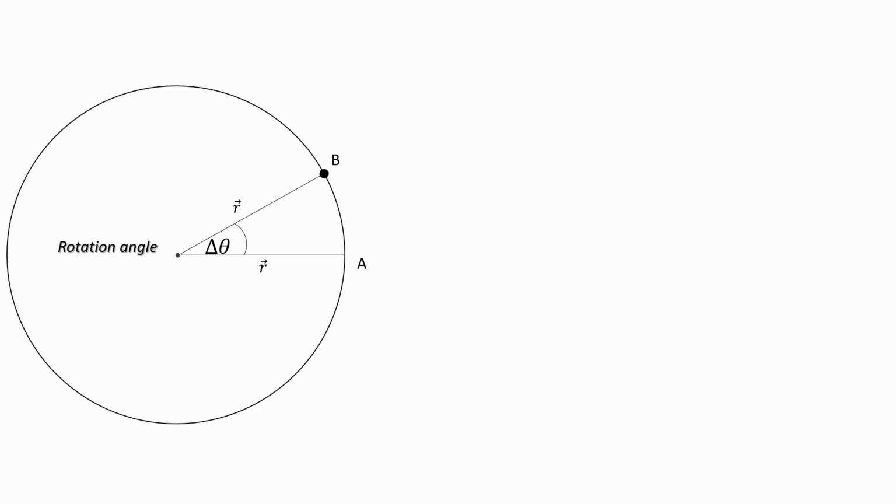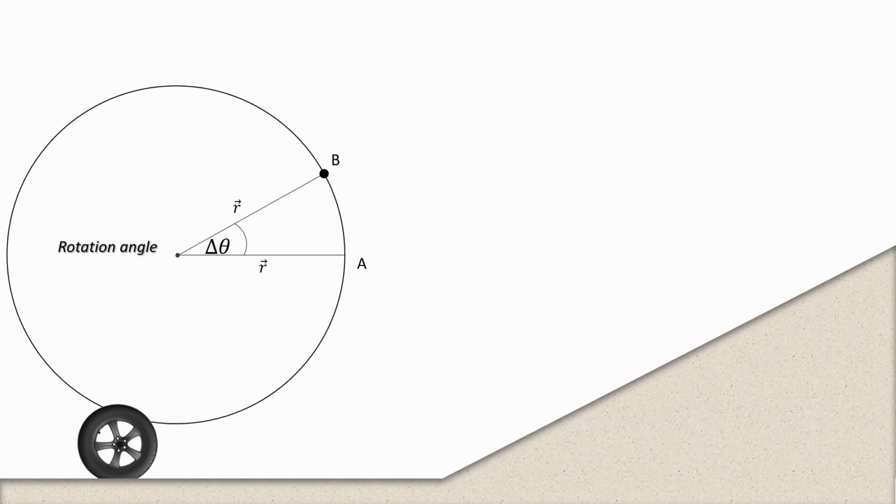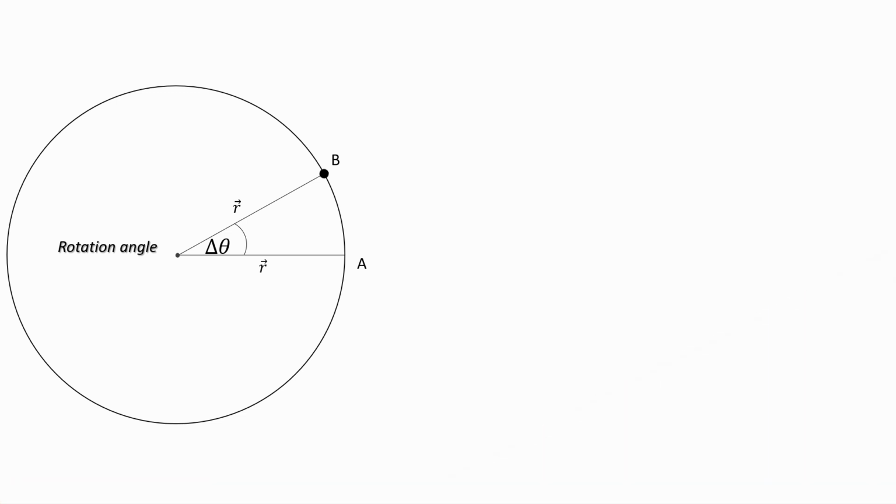Nonetheless, certain motions combine circular and linear motion. Therefore, it's essential to ensure a smooth transition from linear to circular motion and vice versa. To calculate the distance traveled, delta d, the simplest method is to multiply the radius r by the rotation angle delta theta.